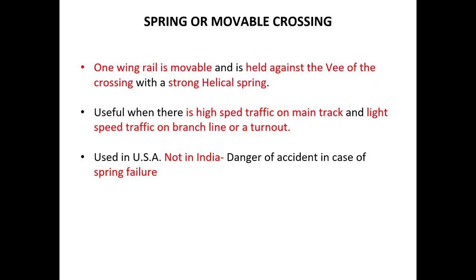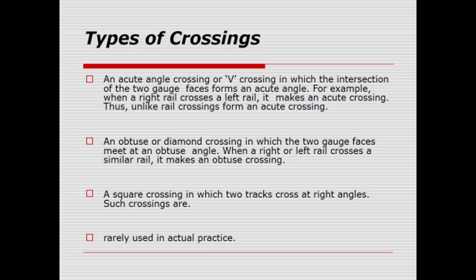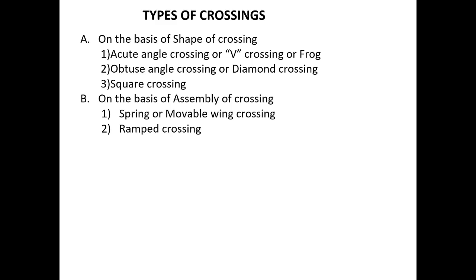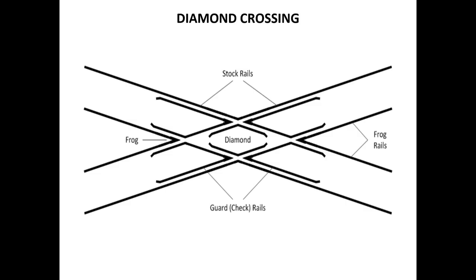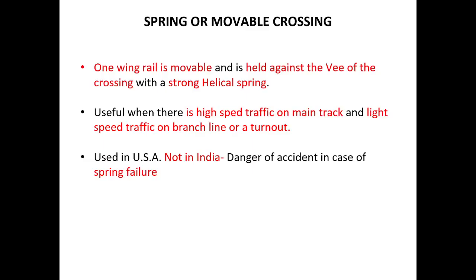Now we will move towards the second type of crossing, which is based on the assembly of crossing. The first type is spring or movable crossing. On the basis of assembly of crossing, they are classified as spring or movable crossing.